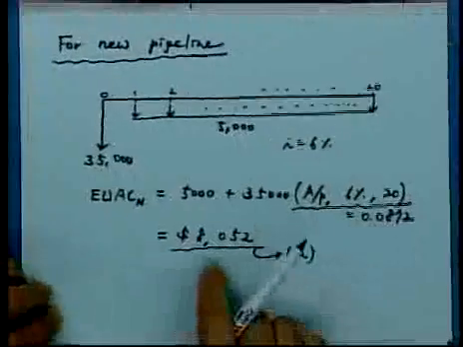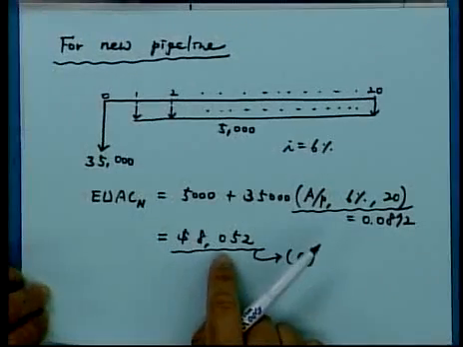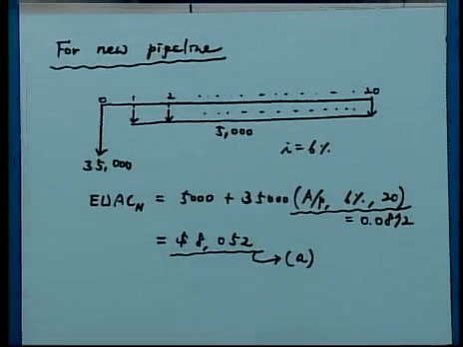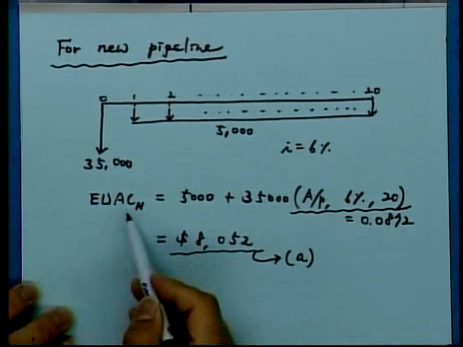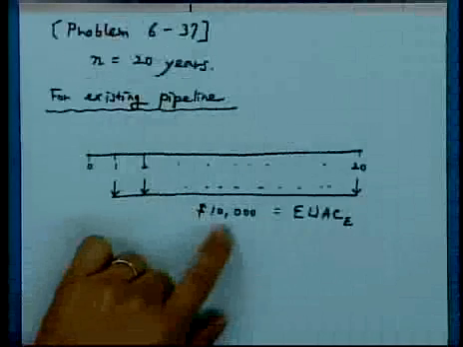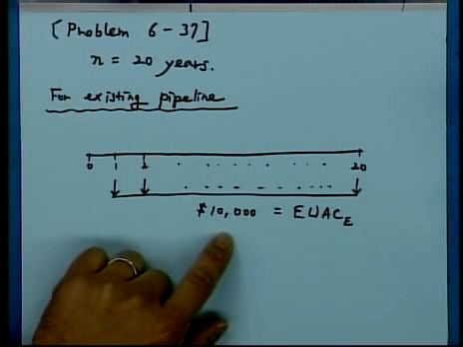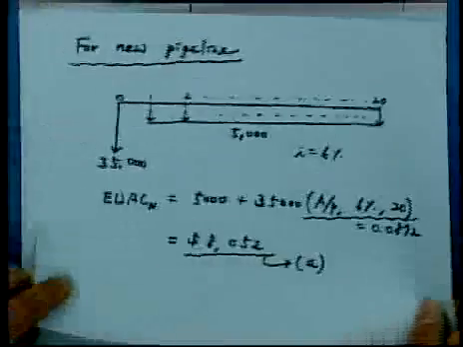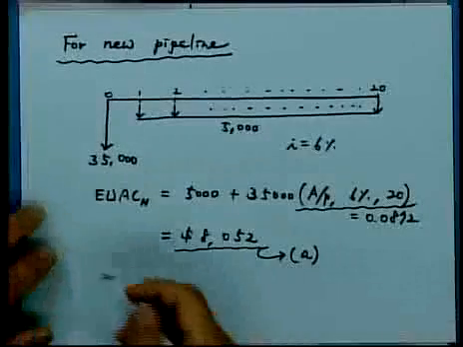And then a little over $8,000 from the new pipeline. Because the equivalent uniform annual cost for the new pipeline is less than the $10,000 annual cost of the existing pipeline, the new pipeline should be constructed, right?